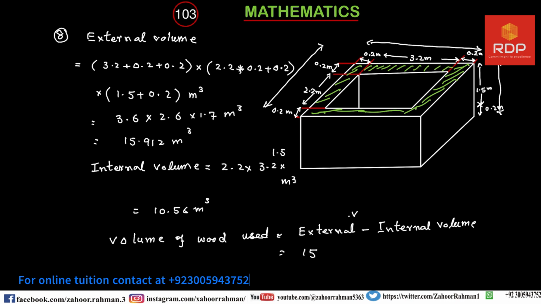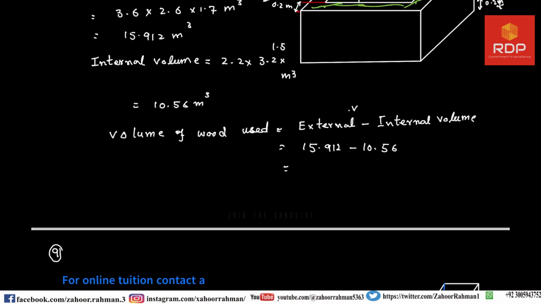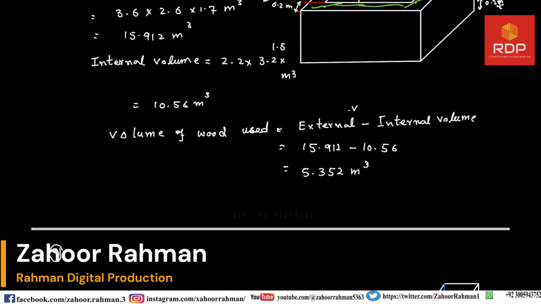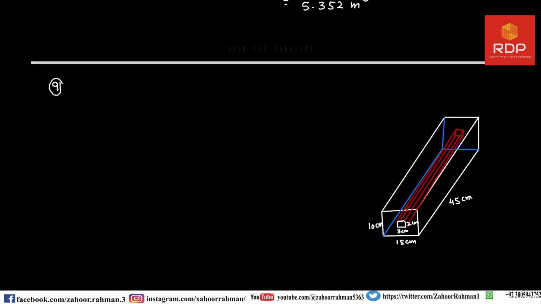External is 15.912 and internal is 10.56, and when we calculate it, we will get the final answer, 5.352 meter cube, and that is the ultimate answer of this question.